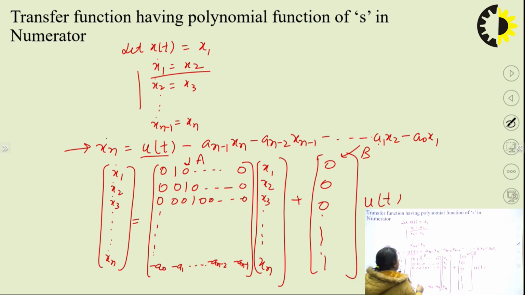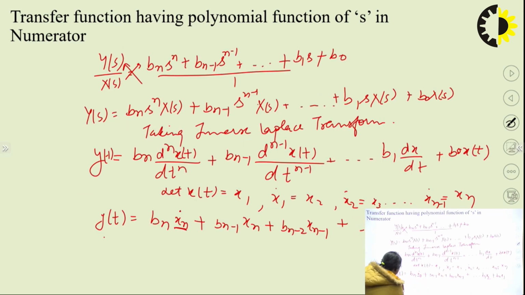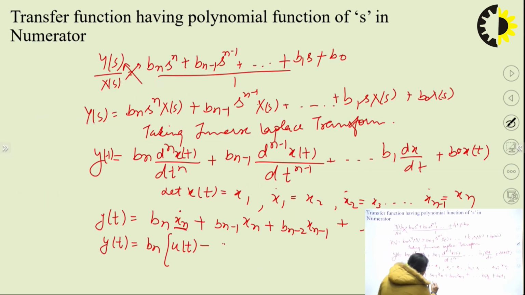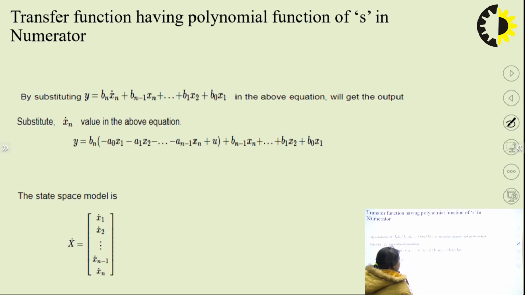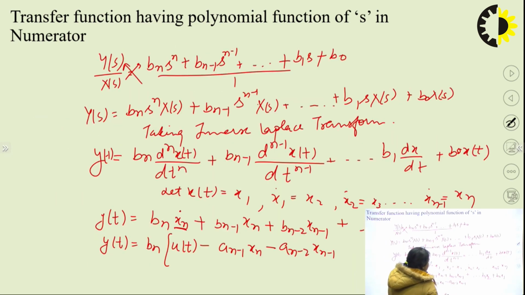Xn dot will be equal to u(t) minus an minus 1 into xn. So I'll put here y(t) is equal to bn, और यहाँ क्या आ जाएगा, u(t) minus an minus k1 xn, an minus k2 into xn minus 1, up to so on till minus of a1 x2 minus of a0 x1.